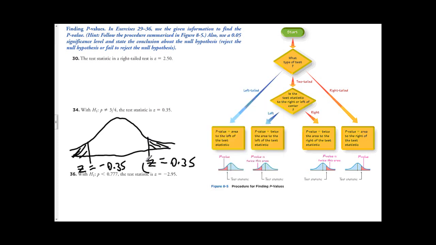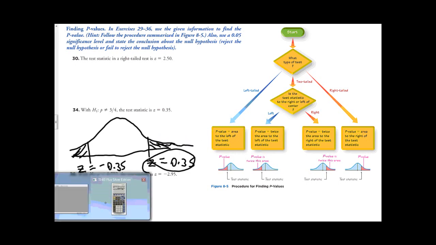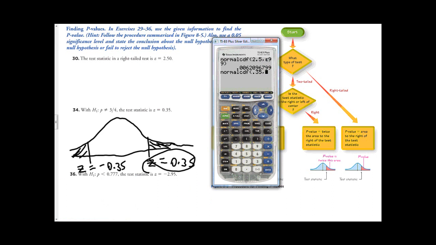This is the left endpoint right here. And then the right endpoint, this area goes forever into infinity. So the right endpoint is going to be E99, which we use to represent infinity. Second, comma, which gives us the E, and then 99. Close the parenthesis. And there's the area.